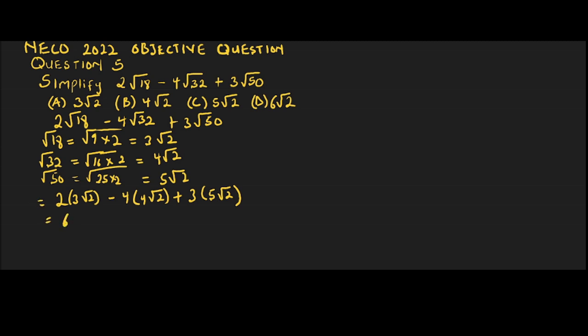Then this becomes 6 root 2 minus 16 root 2, 4 times 4, 16 root 2, plus 3 times 5, 15 root 2.